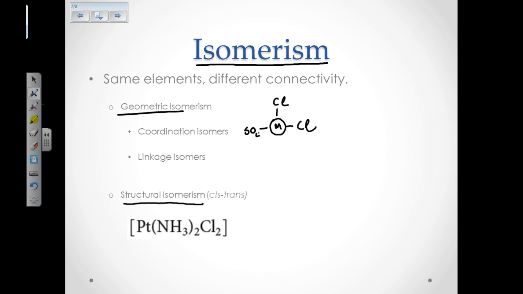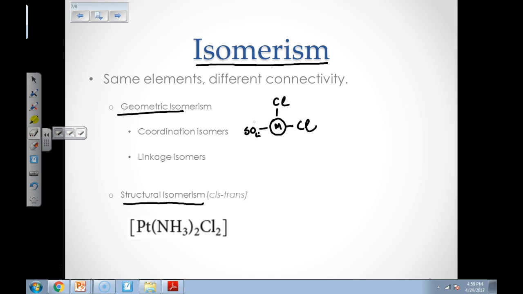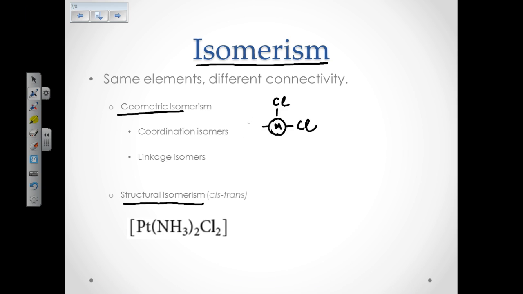Let's make it like this, just easy. Okay, Cl and then Cl. And then all of this will have a charge, whatever that is, and then it'll have a counterion. So maybe this had a charge of 1+, so we need 1 bromide.